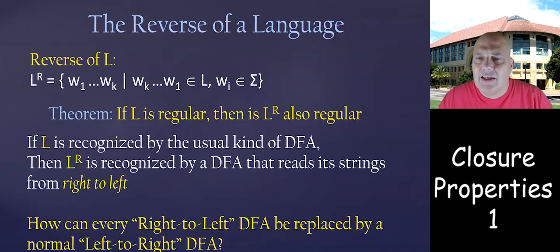Essentially, it means that you can take every right to left computation and replace it by a left to right computation. So this is essentially what the reverse means. Instead of looking at the string w1 up to wk and asking if it is in L, we're going to read it from the other direction and ask whether it is in L.